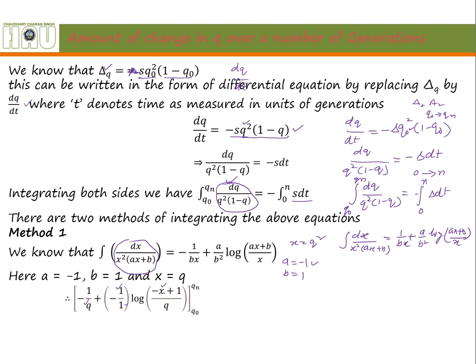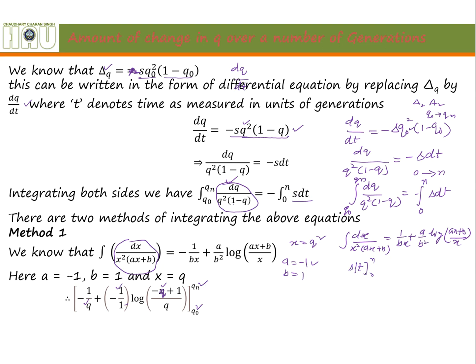Log of a is -1, so minus q, this is q in place of x, so minus q plus 1. B is 1 and x is q, in the range of q0 to qn. And on the right hand side, what is the integration of dt? It is t in the range 0 to n.